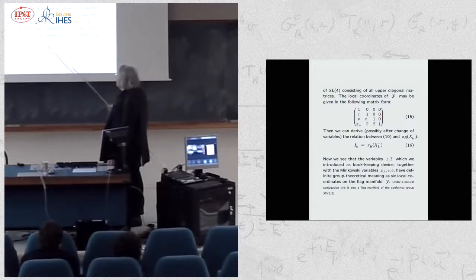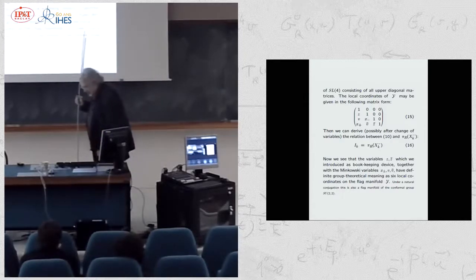And then, of course, the formula for IK, which I showed earlier, is immediately derived by just applying the right action of the three simple negative generators. And now you see that the variables Z and Z bar, which I introduced as a bookkeeping device, together with the Minkowski coordinates, have definite group theoretical meaning as the 6 local coordinates of this flag manifold.